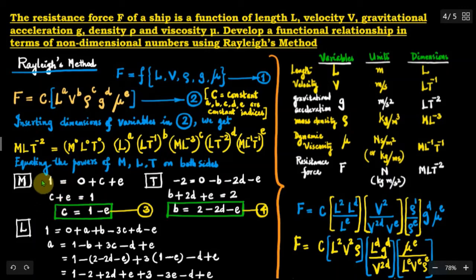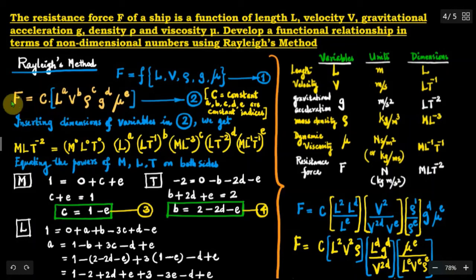So we have the dimensions already and we will replace the variables by the respective dimensions in this expression. F is equal to C into L raised to a, V raised to b, rho raised to c, G raised to d and mu raised to e. So we will insert the dimensions of each of the variables here.